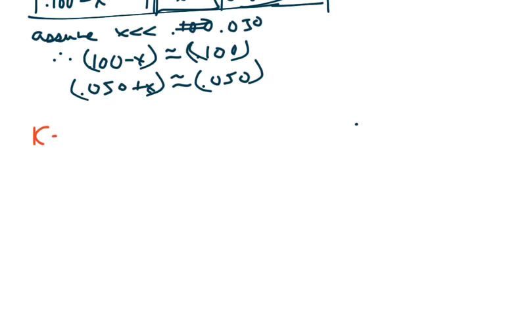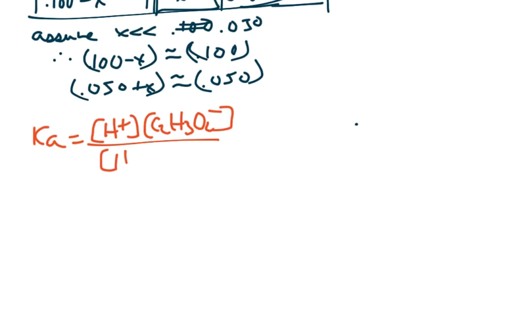Ka is equal to the concentration of H plus times the concentration of C2H3O2 minus, over acetic acid.